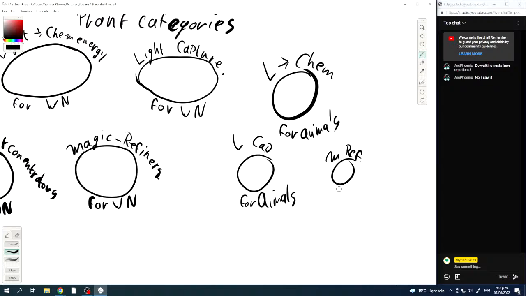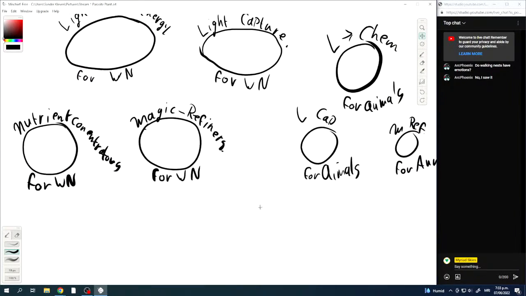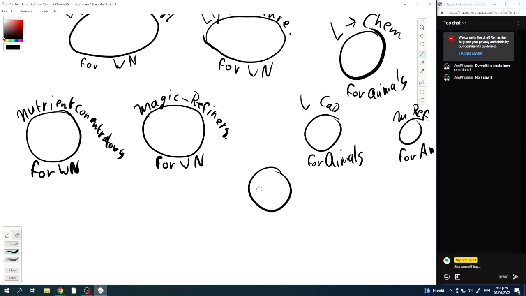Magic refiners for animal. And then there's the nutrient concentrators for animal.